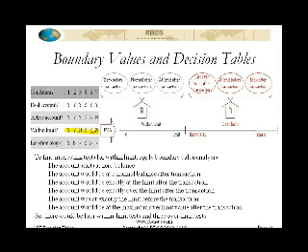Now, we can do boundary value analysis and say, look on this line here, and they got some range of values for what the balance is, right? What's the current balance? So we could have a 0, right?